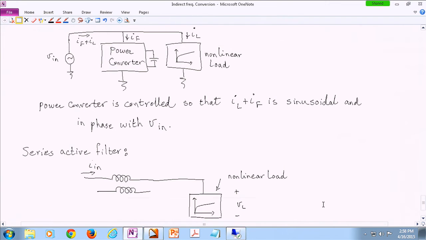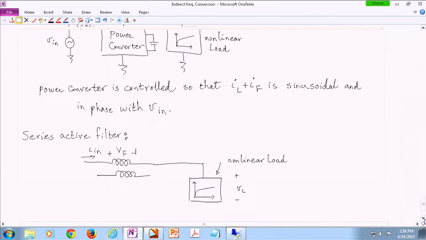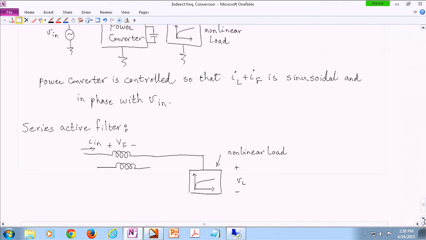Then you are using your power converter to synthesize a voltage, which I call VF. The power converter is connected to the primary side, and VF is actually added to your load voltage on the secondary side of the transformer.